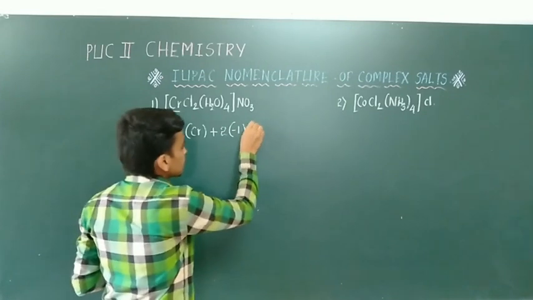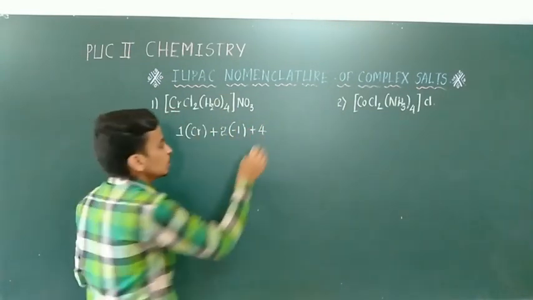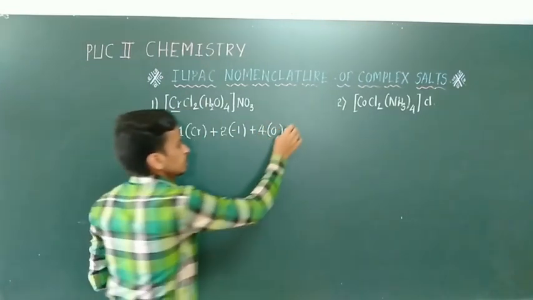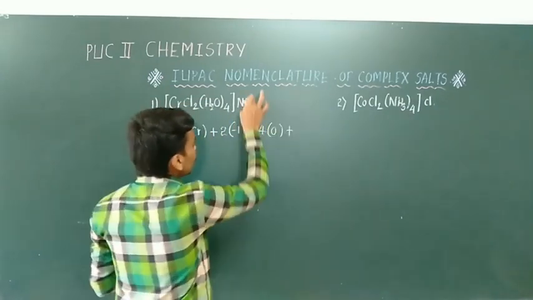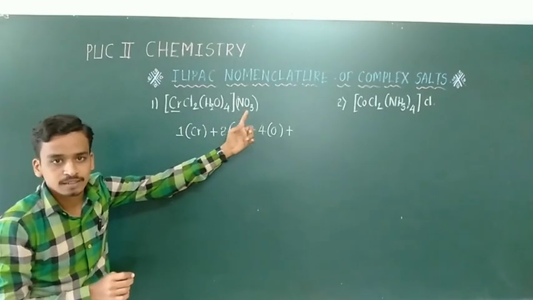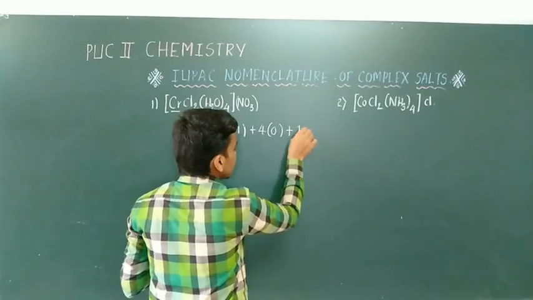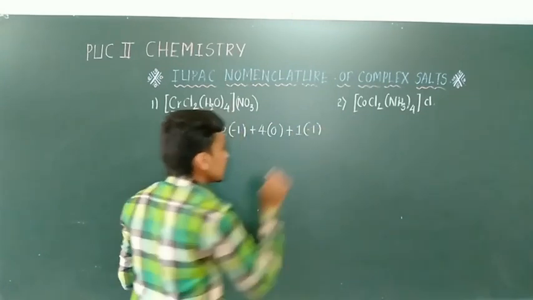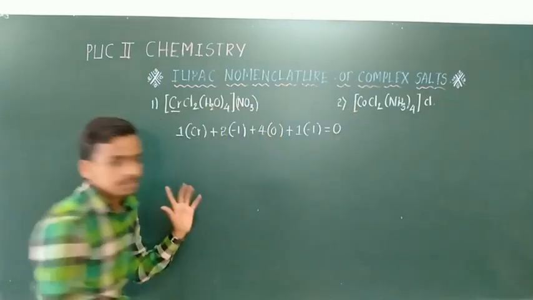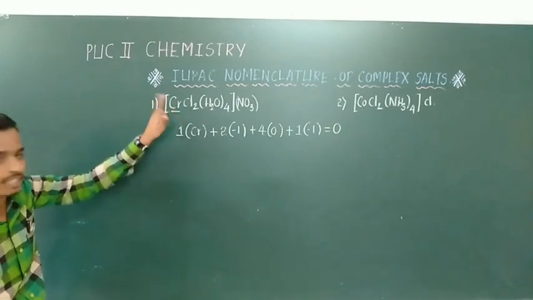Next plus water molecules, there are 4, but water as a whole is a neutral molecule, therefore 0. Next plus how many NO3? NO3 as a whole is one ionic group. Only one, and its charge is -1, and the overall equation equals 0. Then you have to solve this equation to get the charge present on this chromium.